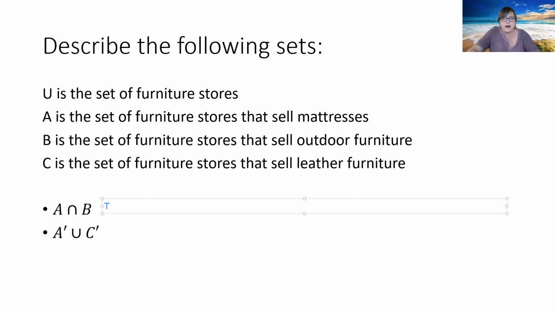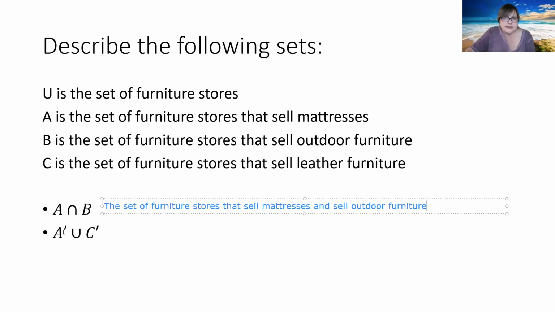So for us, that would be the set of furniture stores that sell mattresses and sell outdoor furniture. They have to do both. I have to be able to walk into that furniture store and buy both a mattress and an outdoor furniture piece. That's what's in the intersection set.